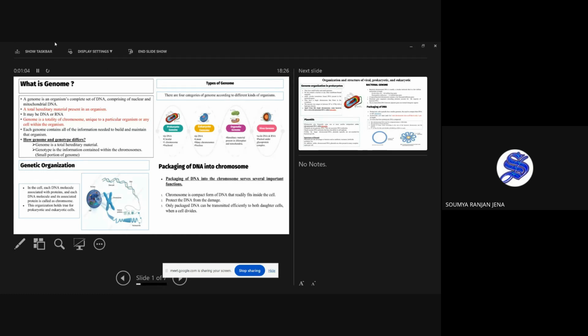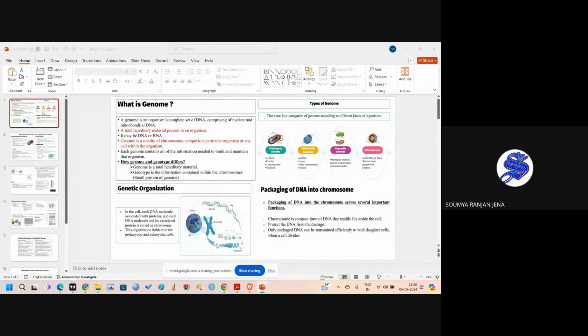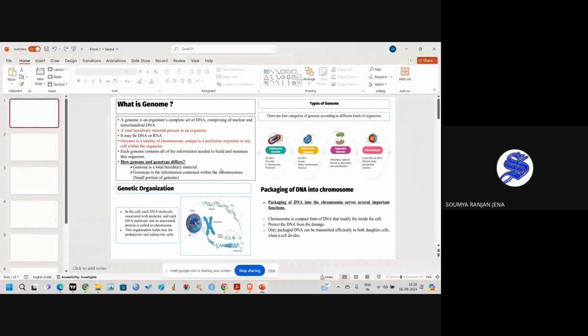If we go to the genome, then the genome is a totality of chromosomes that is unique to a particular organism or any cell within the organism.